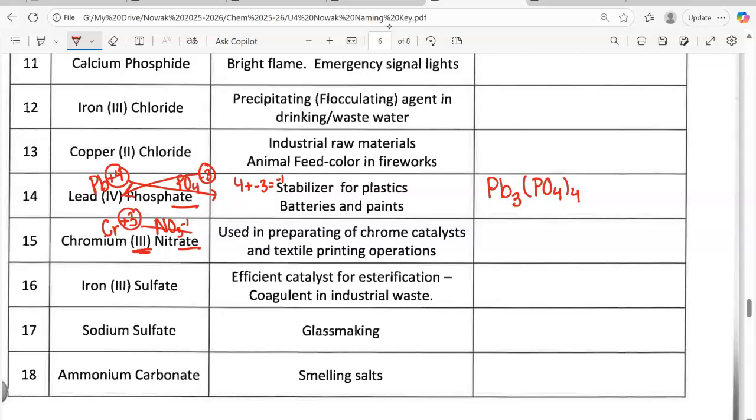I need to use my crisscross method here. So chromium ends up with a subscript 1, but we don't keep that there, so we'll just write Cr. Nitrate's going to end up with a subscript of 3, so I need to throw it in parentheses so that I can tell, hey, this is one group.